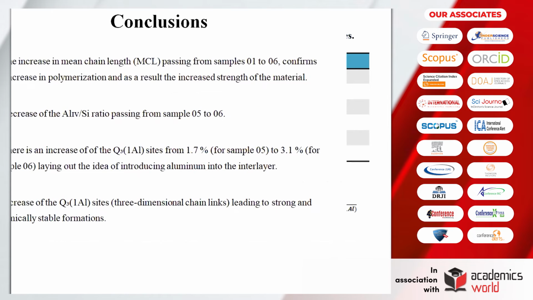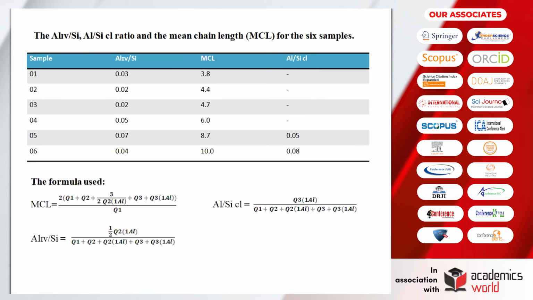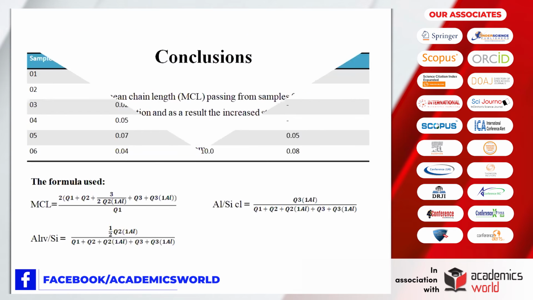Another thing, I see that using nanoalumina instead of nanosilica, I have a much stronger sample, a much stronger concrete than using nanosilica.